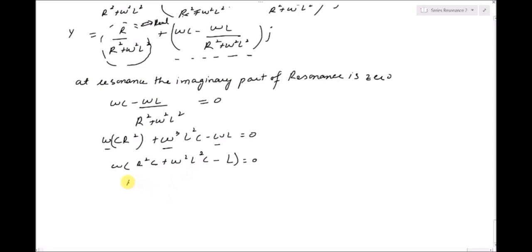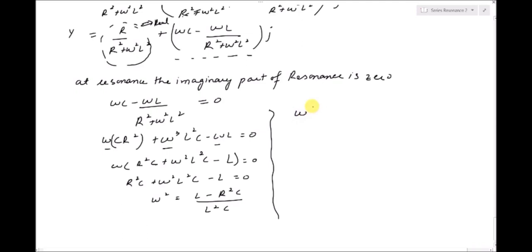And it will become R square C plus omega square L square C minus L equal to 0, and from here we can calculate omega square is equal to L minus R square C over L square C, and by further simplifying it will become omega square is equal to 1 over LC minus R square over L square.